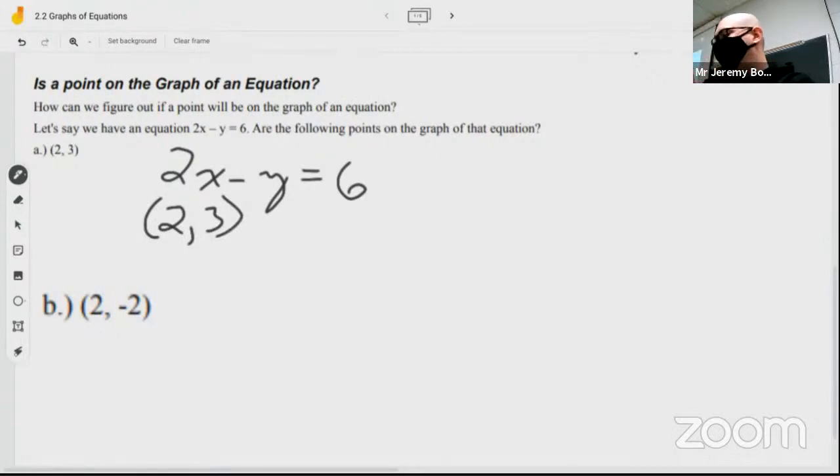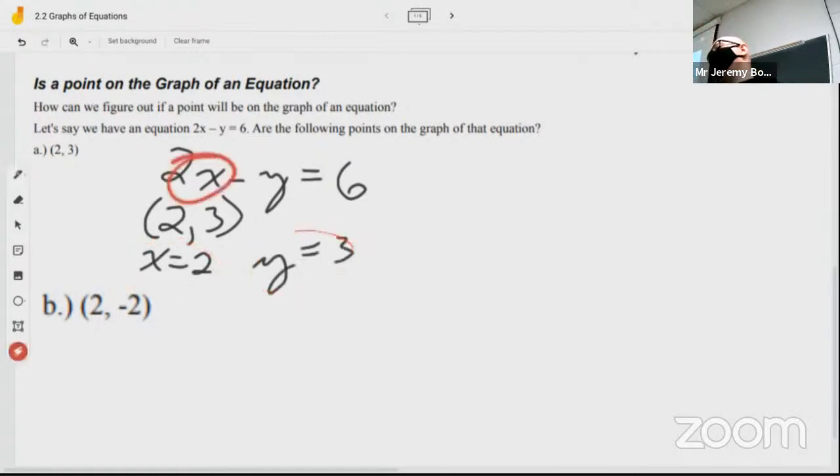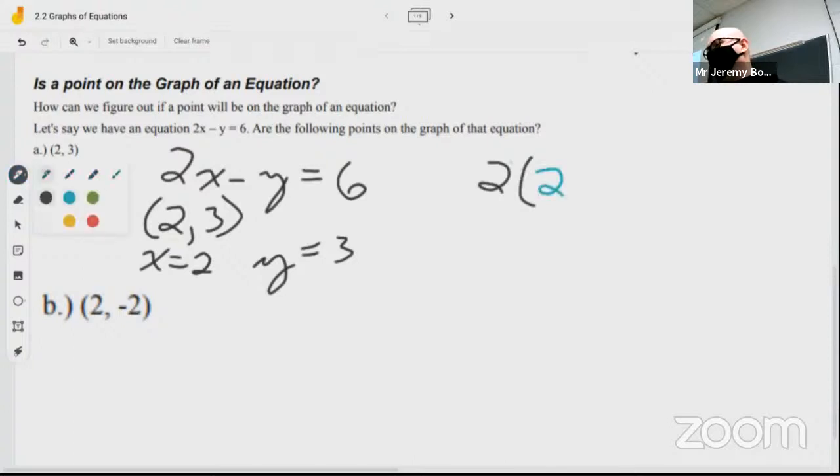Plug it in. X is 2, the x value, and y is 3, the y value. We could substitute or plug these into the equation they give us. So we do 2 times 2 minus 3.